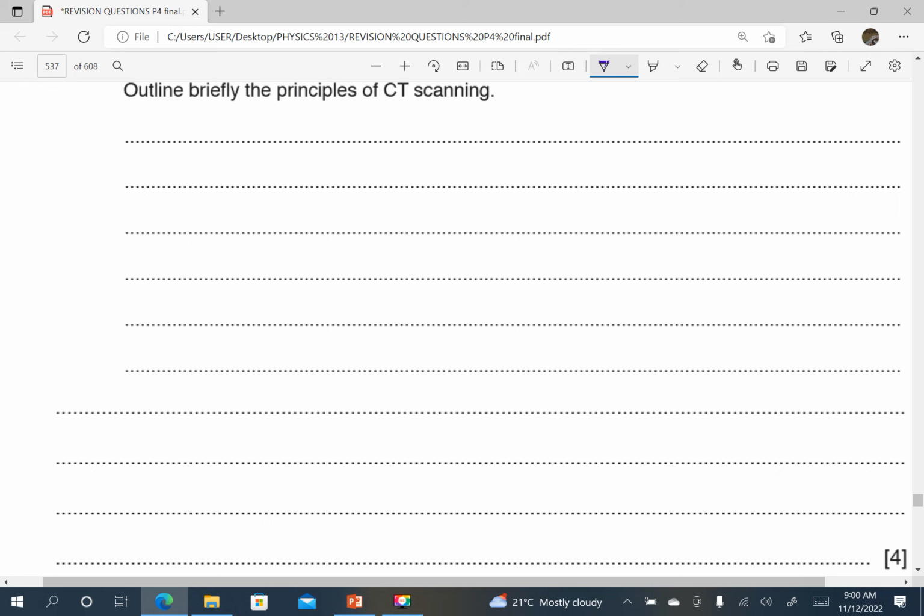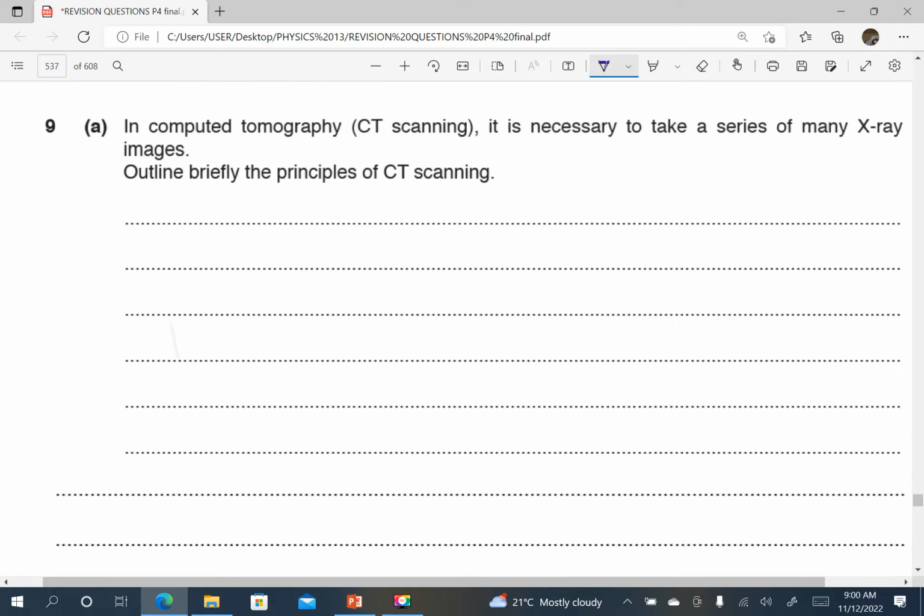These are always taken from different angles and they're in the same plane. They are combined to give two-dimensional images of one slice. The procedure is repeated for all other slices, and then all the successive two-dimensional images are combined to form a complete three-dimensional image of the whole object, which is the tomography or the cross-section.